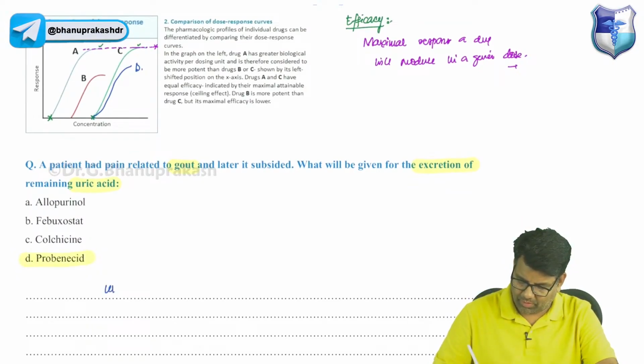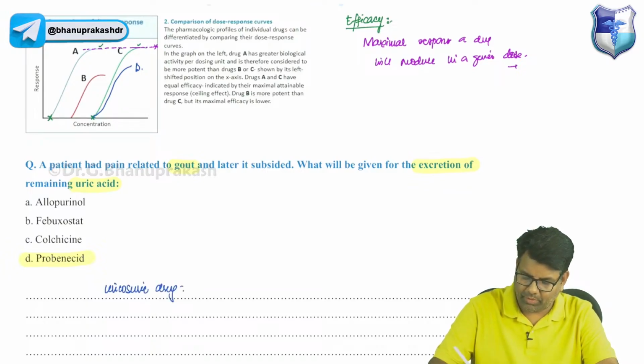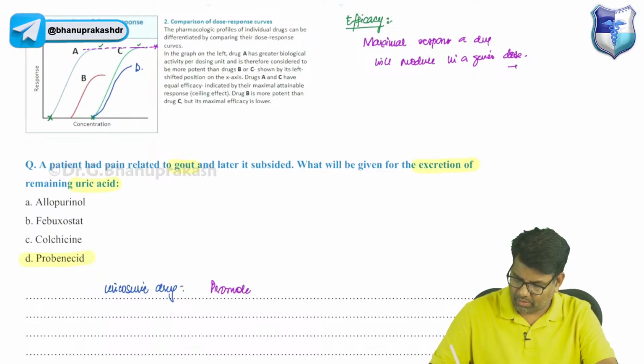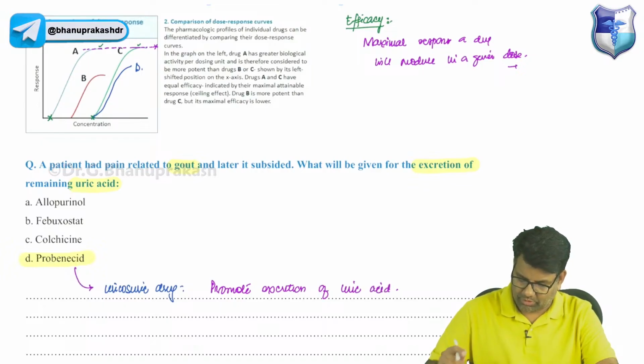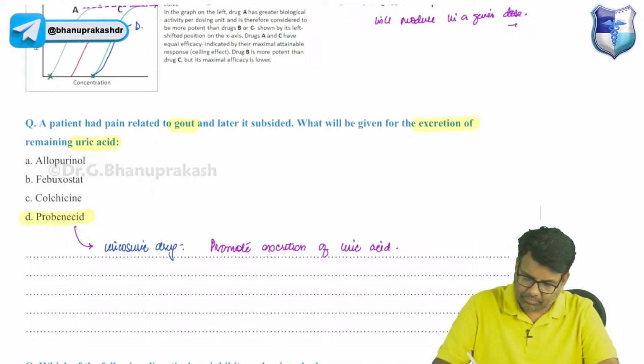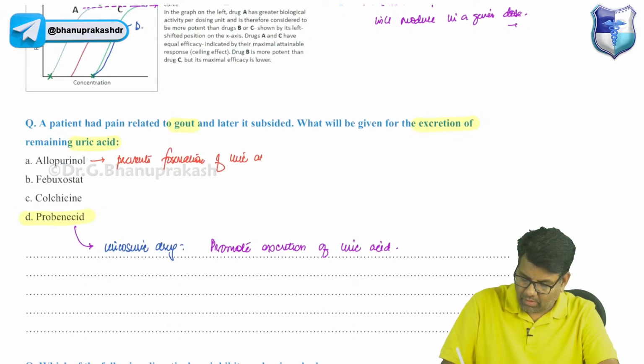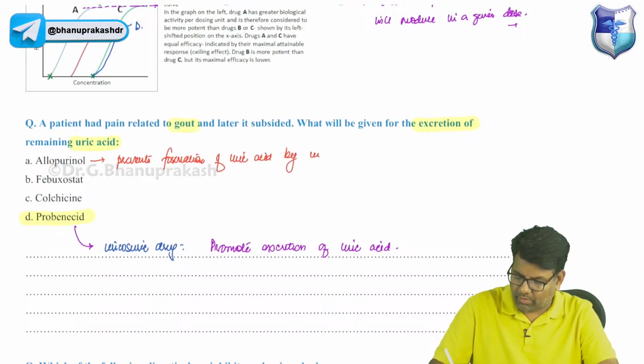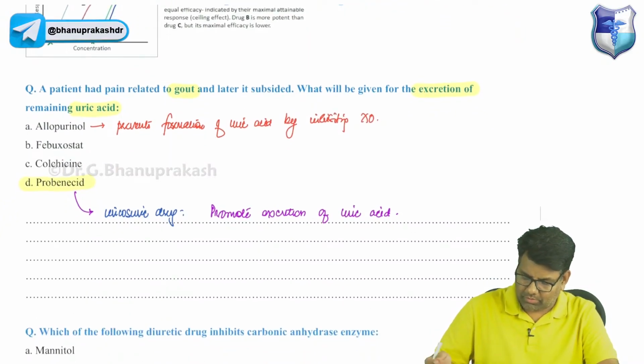So this is a uricosuric drug, which means it will promote excretion of uric acid. Fine. Remember, allopurinol prevents formation of uric acid by inhibiting xanthine oxidation. Okay?